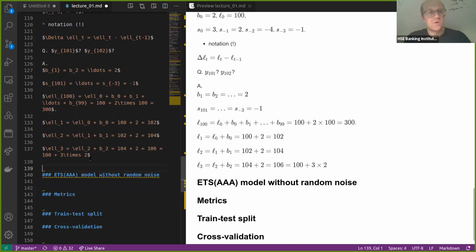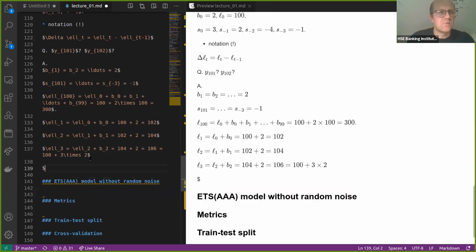Okay, so now we understand why. Why do we have y101? We just add L100, we add B100, and we add S97.